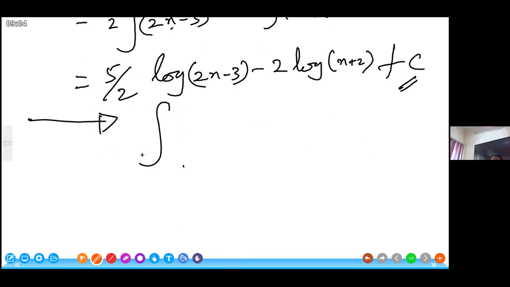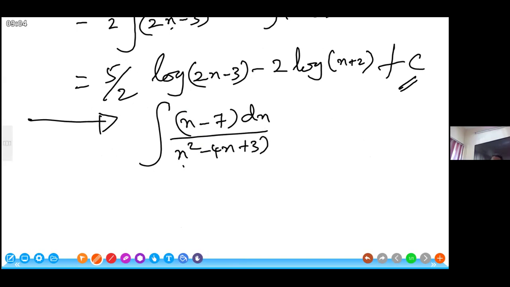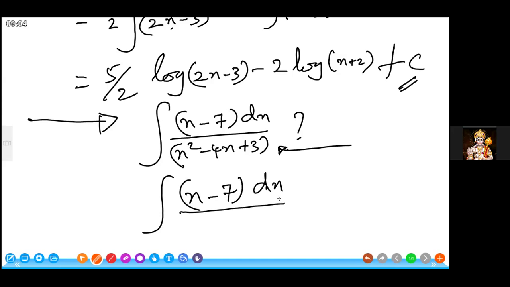Example: integration of (x minus 7) dx, whole thing divided by x square minus 4x plus 3. How to integrate this? Similar to earlier. Look at the denominator. The denominator is not in the same format as before. So we factorize.